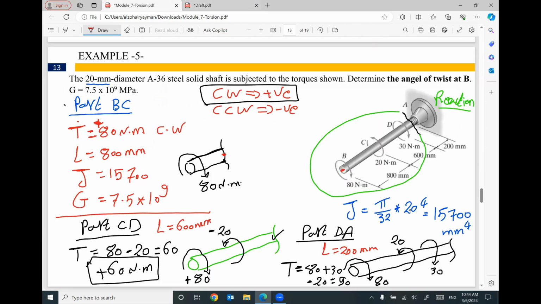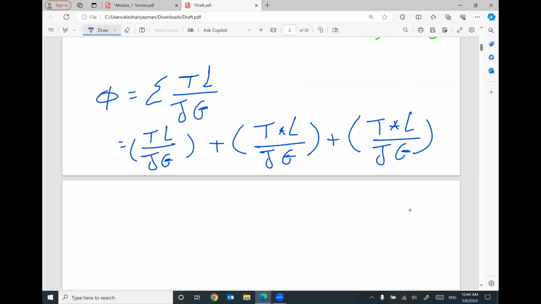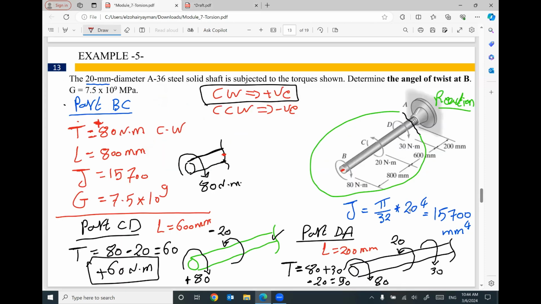The first part B, C, the second one C, D, the third one D, A. Does that make sense? Go ahead and put your numbers.